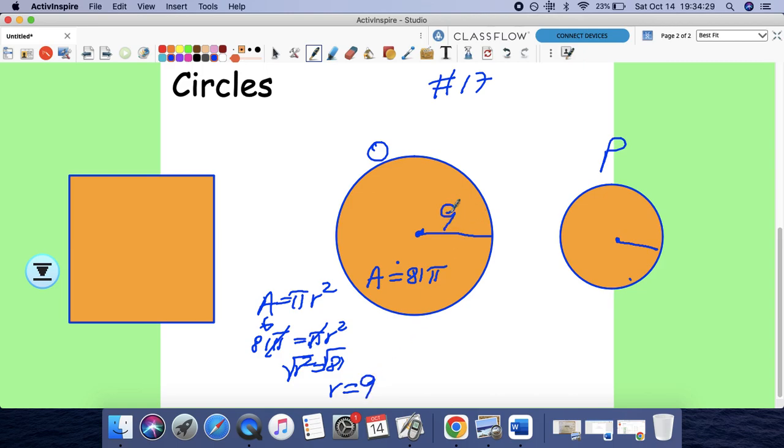They're telling us that circle P has a radius that's 2 units shorter, so 9 minus 2, which gives us this radius over here. What is the diameter of circle P? Well, if the radius is 7, it means this other side is 7, so the diameter equals 14.